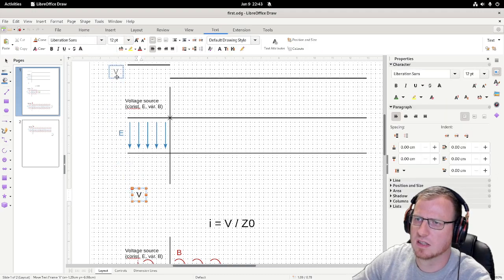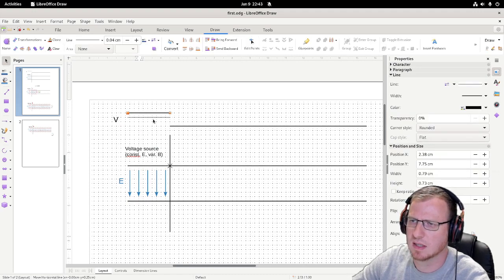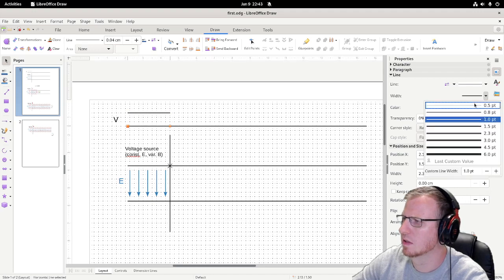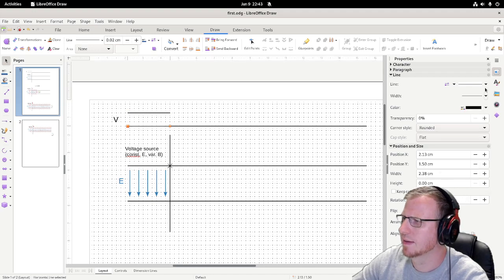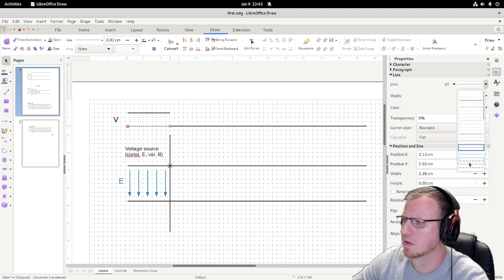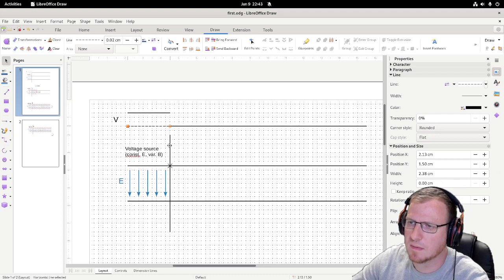So at this side, we have a representation of the voltage, and the dashed line is the 0. Long dash, yeah. That's not beautiful. Better.